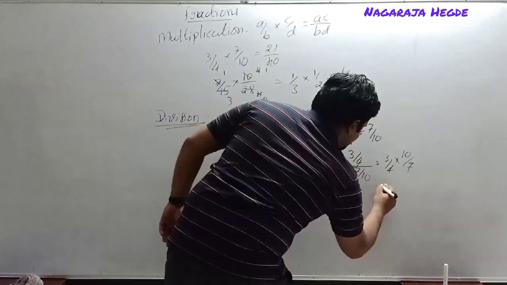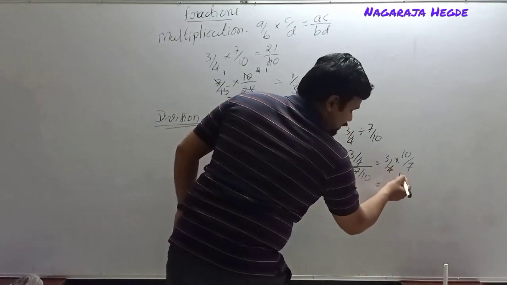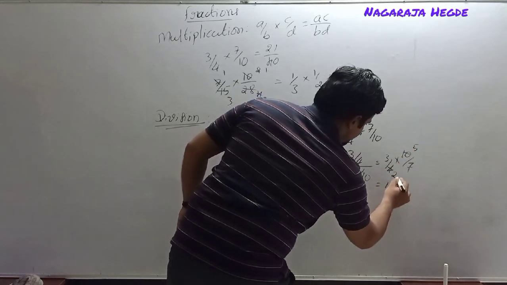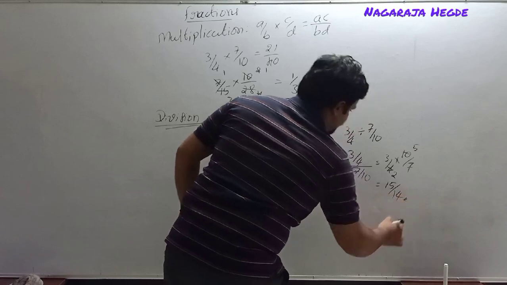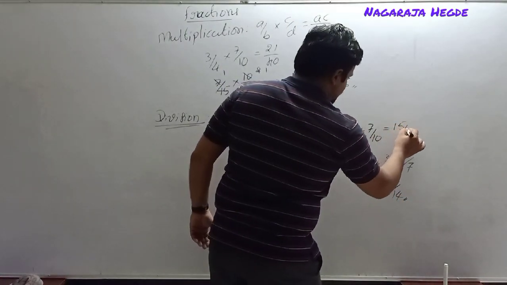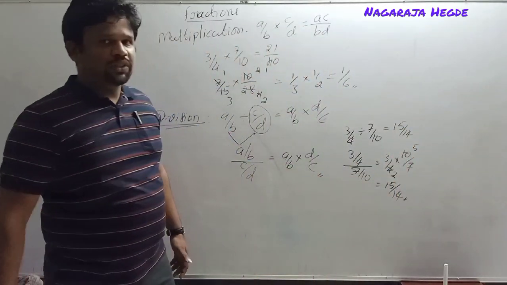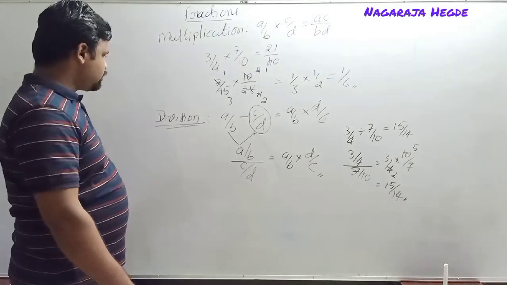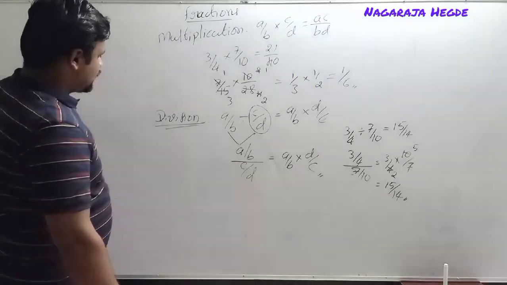Now we can easily multiply this. Before that we can simplify. 2 twos are 4, 5 threes are 15, 7 twos are 14. That is 15 by 14 is the answer for this. So this is the way of doing division in fractions. A few concepts you have to remember here. I will show that.